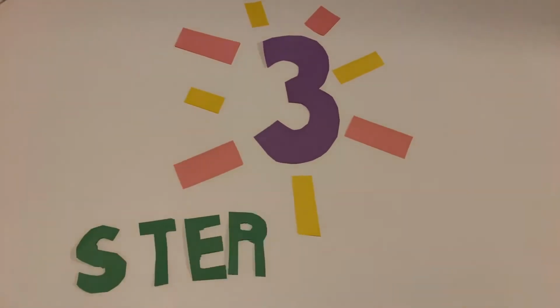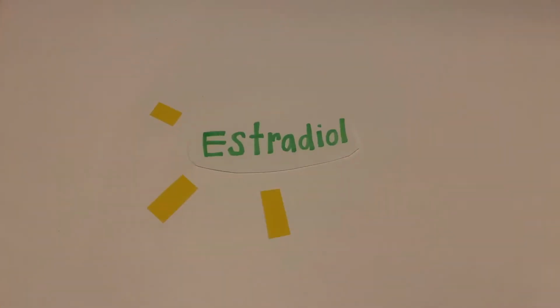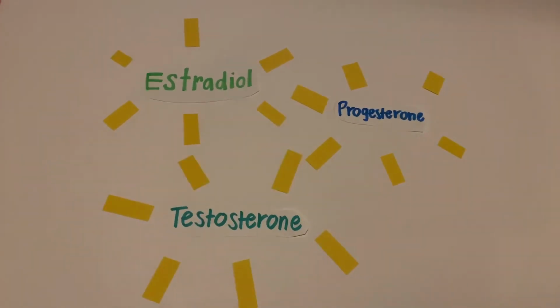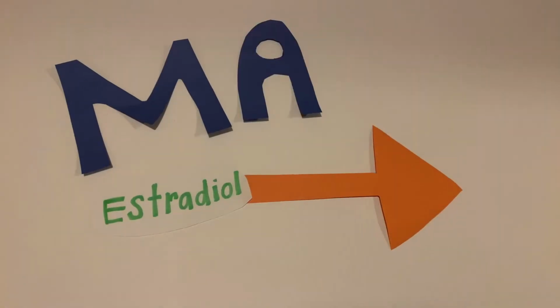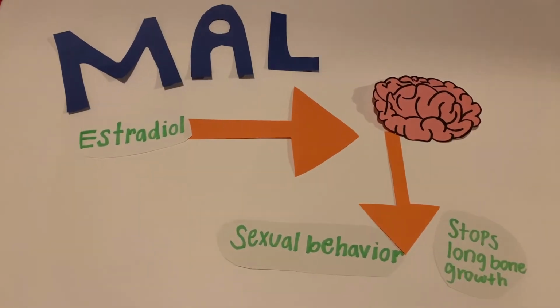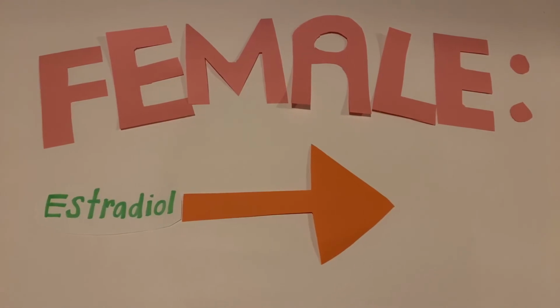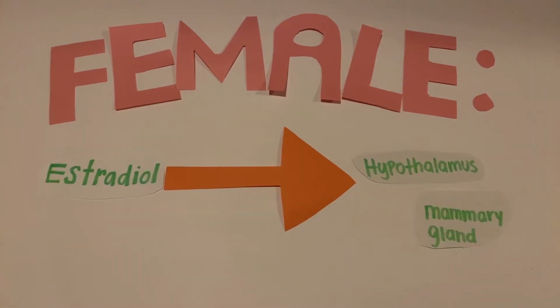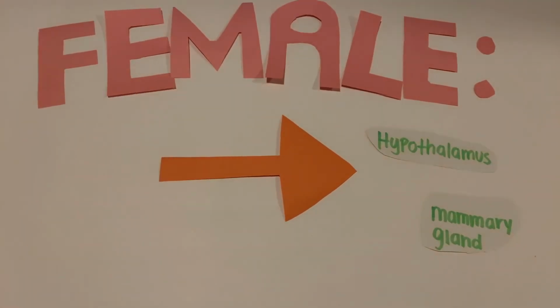The 3 steroids are estradiol, progesterone, and testosterone. Estradiol targets the male brain for sexual behavior and to stop long bone growth. In females, estradiol targets the hypothalamus, mammary gland, and reproductive tract, those plus the uterus.